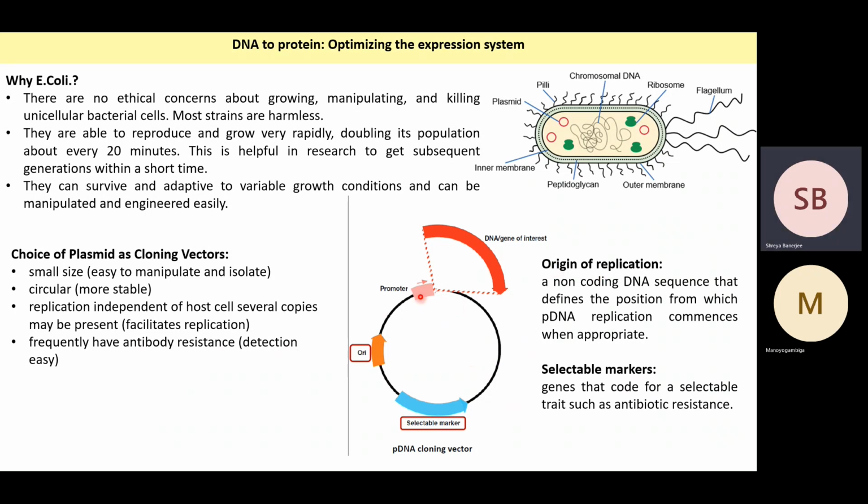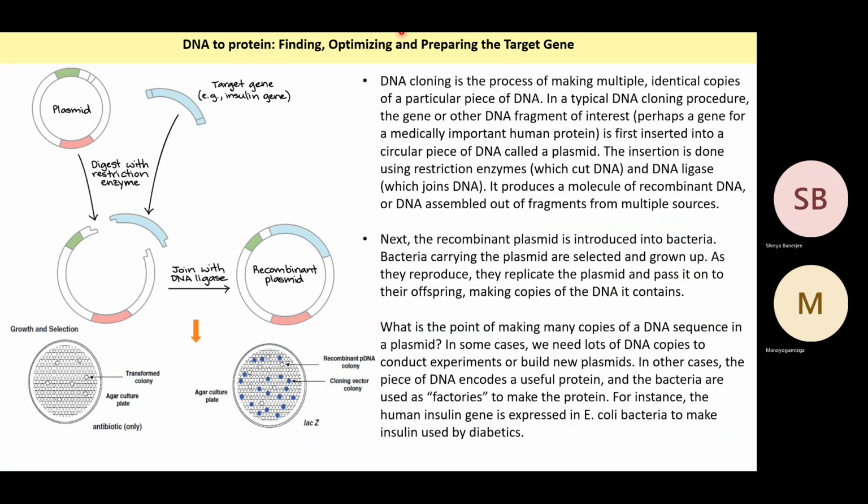And plasmids also have something called an origin of replication, which is a non-coding DNA sequence that defines the position from which the plasmid DNA replication commences. So this gene of interest that you want is inserted after this promoter region. So how is the plasmid used for DNA cloning?